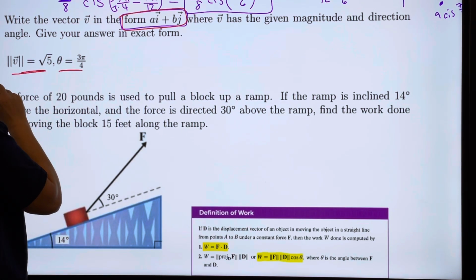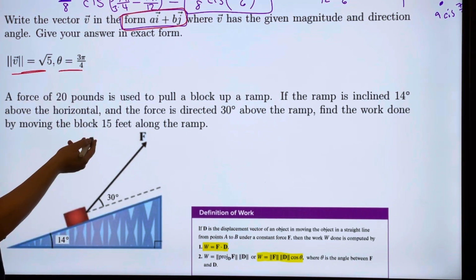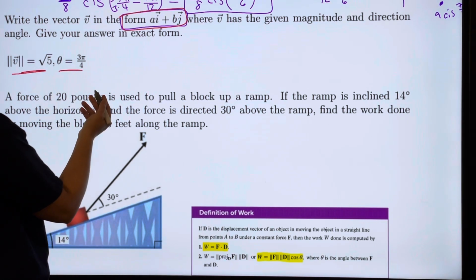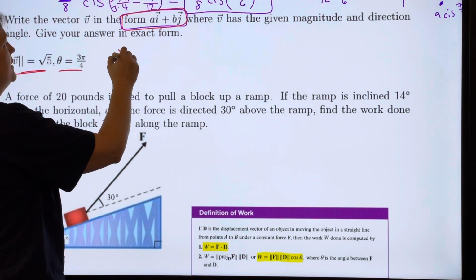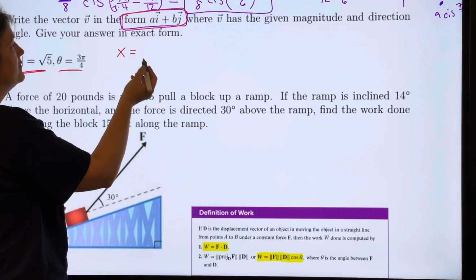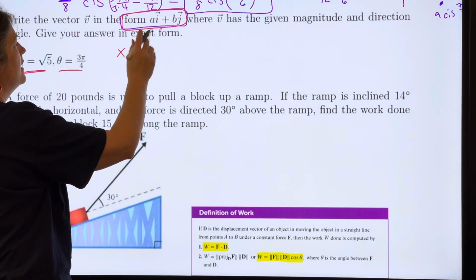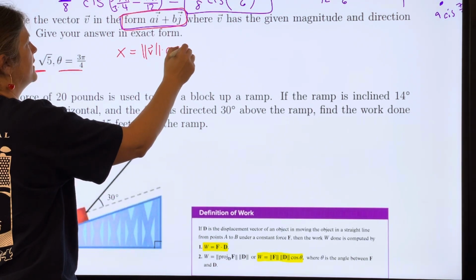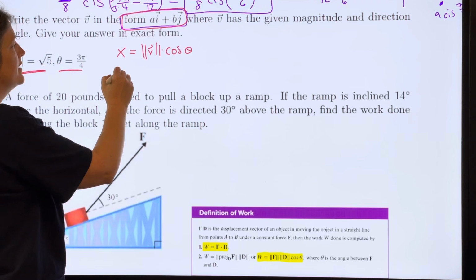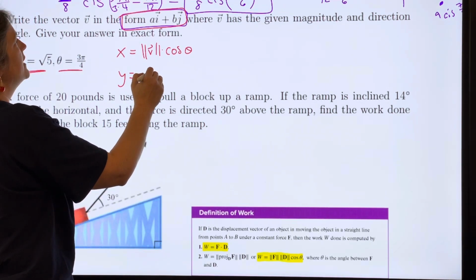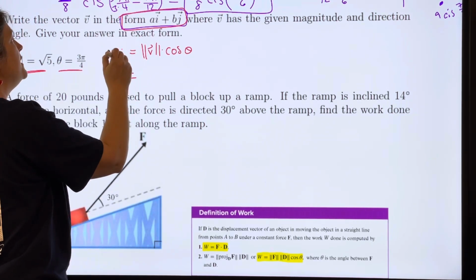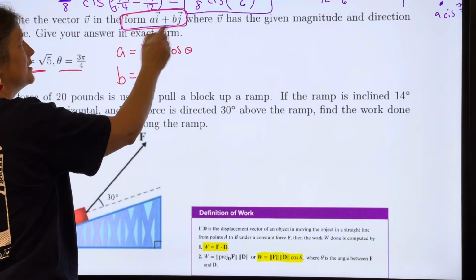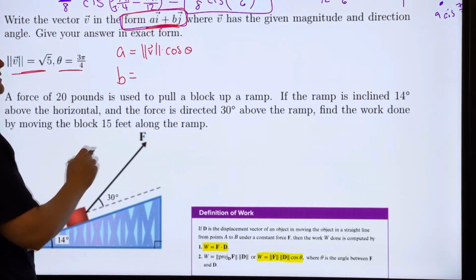So the trig form of a vector is actually instructions on how to make it, right? But we could also go back to the polar requirements. x is r, or magnitude, times cosine theta, right? x is r cosine theta, y is r sine theta. So this is now a and b if we want to use the nomenclature of the instructions.